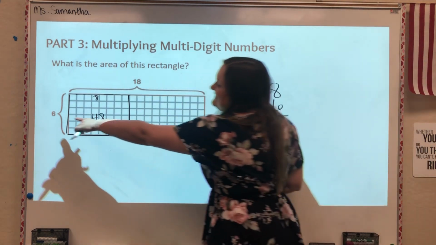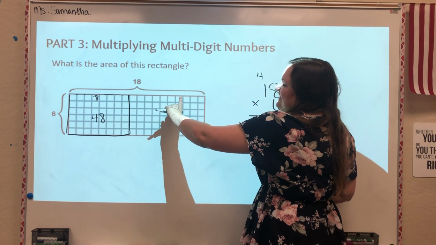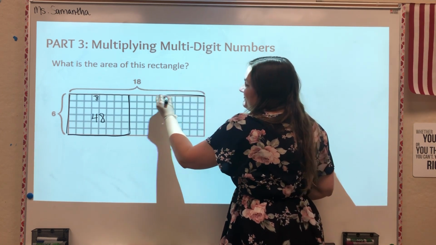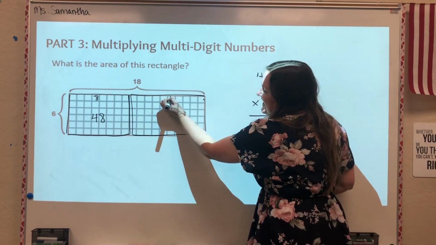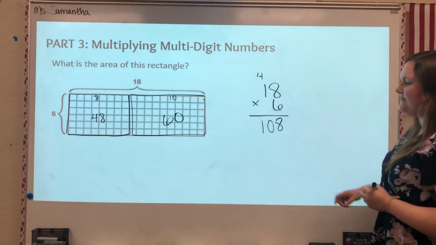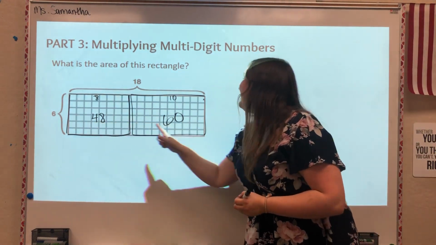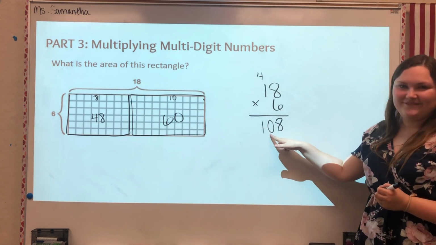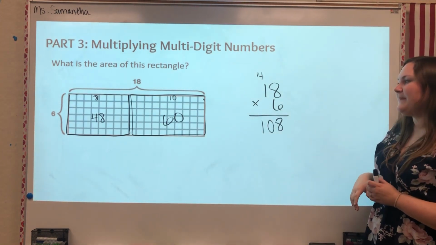You're multiplying 6 by 1, 2, 3, 4, 5, 6, 7, 8, 9, 10. And the 6 times the 10 gives you the 60, which is where the 60 plus that 40 gives you the 100 right there comes from.